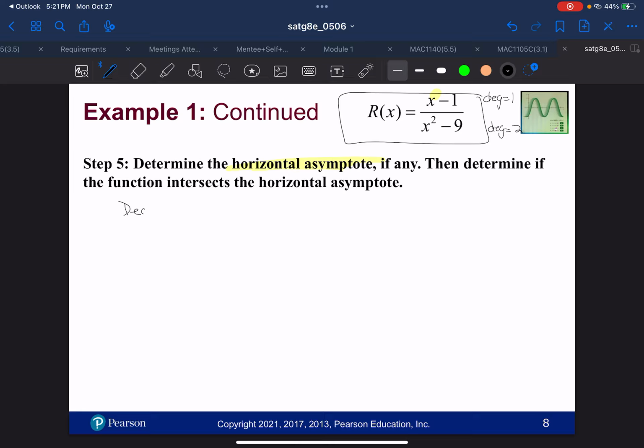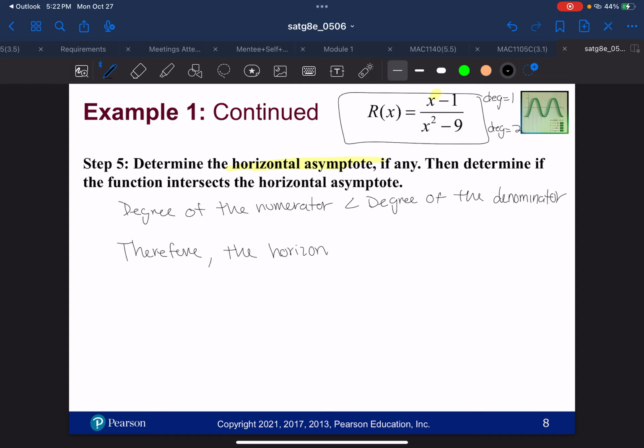So the degree of the numerator is less than the degree of the denominator. So therefore, we have a horizontal asymptote at y equals 0.